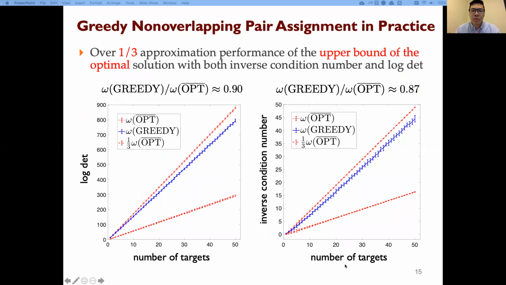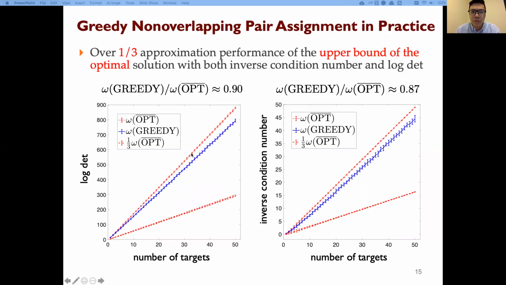We also verify the approximation performance of our greedy pair assignment. Since our assignment problem is NP-hard with combinatorial complexity, computing the optimal solution by exhaustive search takes a lot of time and is even impossible for a large number of sensors or targets. So we relax problem 2 and find an upper bound on the optimal value in polynomial time.